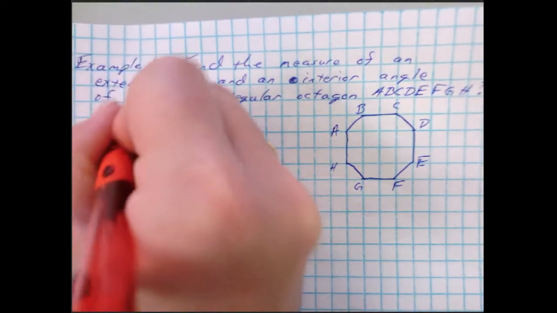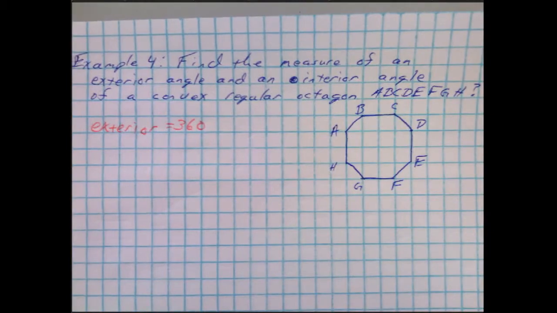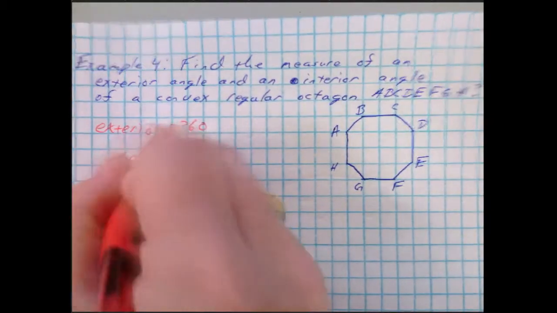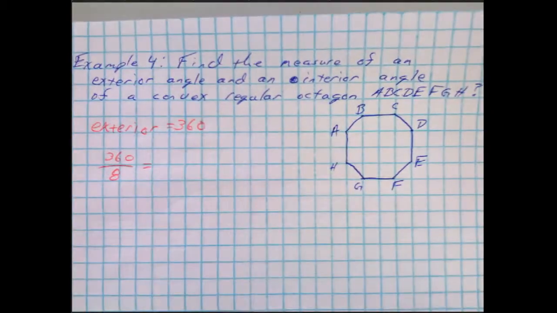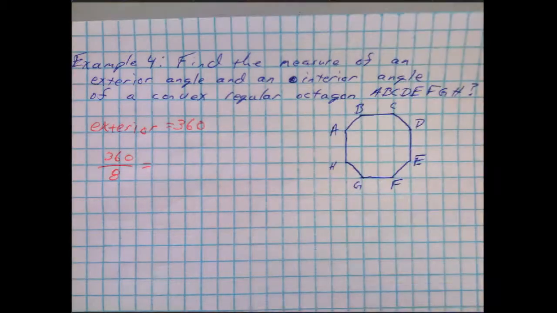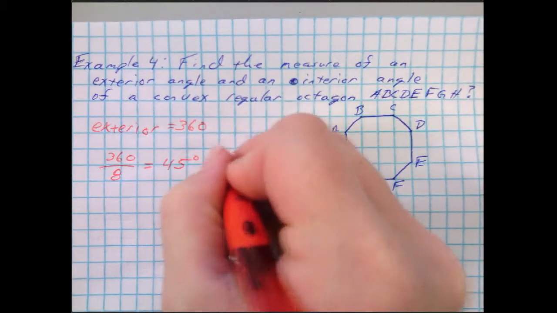So I'm going to write exterior here. Exterior equals 360, and we have 8 of them. So we're going to take 360 divided by 8. Okay, so you can pull out your calculator if you need to. So 360 divided by 8 equals 45. And that's exterior.